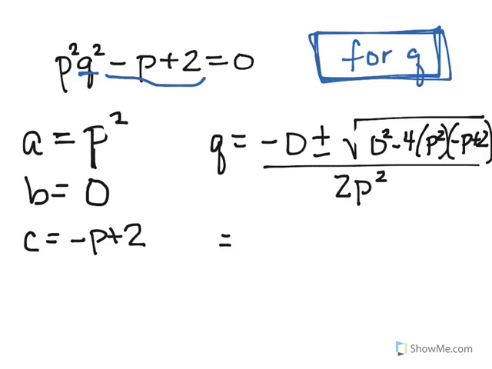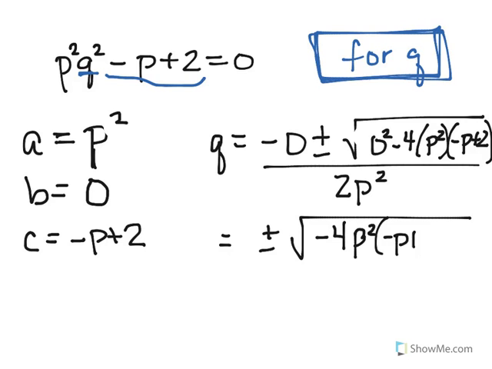Okay, so I'm going to clean that up a little. First, negative 0 is just 0. I don't have to write a 0. So I'm going to start with the plus or minus piece. Inside there I have a 0 squared, and that's just 0. So now we're just looking at this piece. The 4 times the p squared times the negative p plus 2. I'm going to clean that up a little in just a minute.